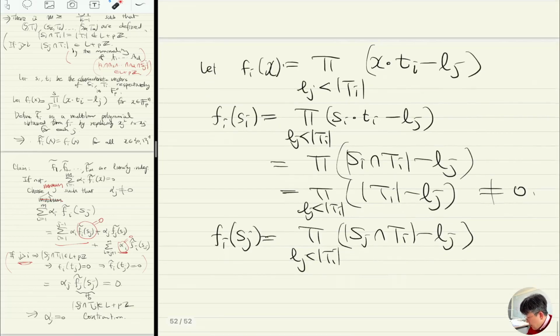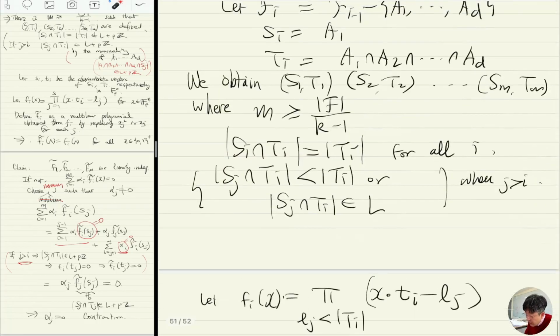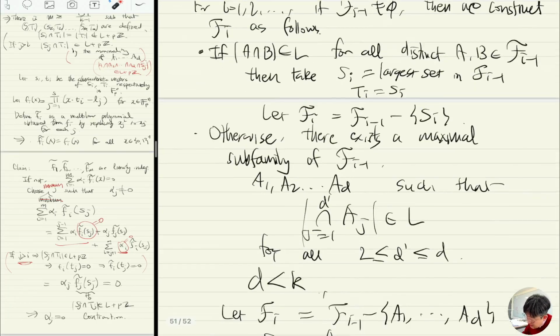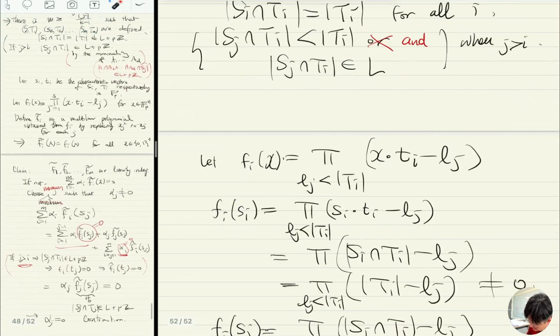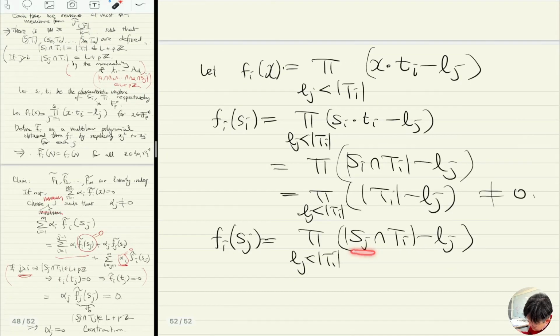Now there are cases. Let's consider one case. If this was the first case, where for all pairs the intersection was in L, then S_j was also one of the members of F_i, so this pair was in L, and their intersection is less than the cardinality of T_i, so that's going to be 0.